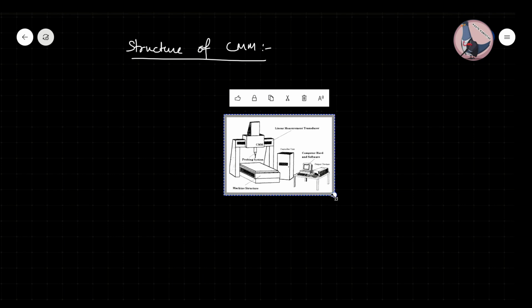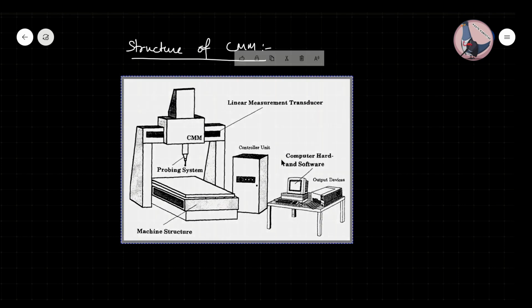Now, whatever be the type of CMM, we will now be studying its structure. The structure of CMM. Now, what is the difference? I will tell you the difference. Till now, whatever we have studied, in all the four types, a few things were common.